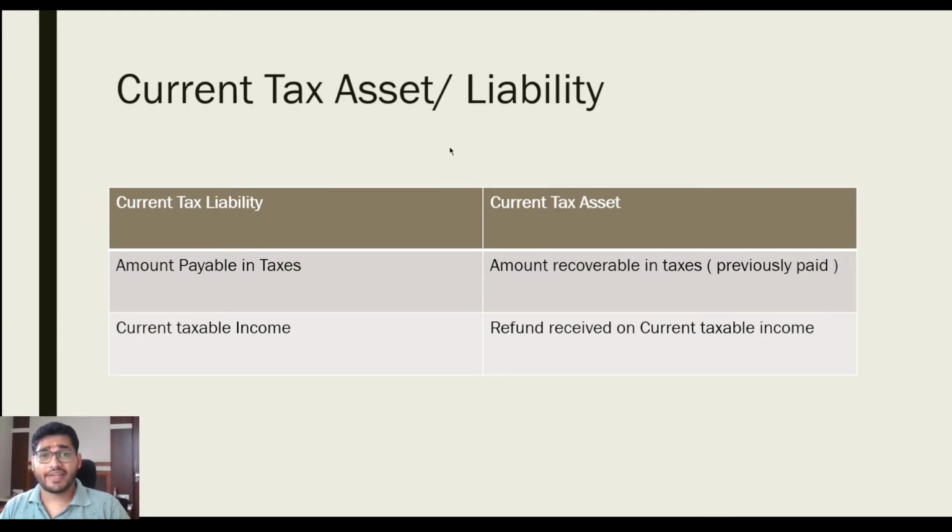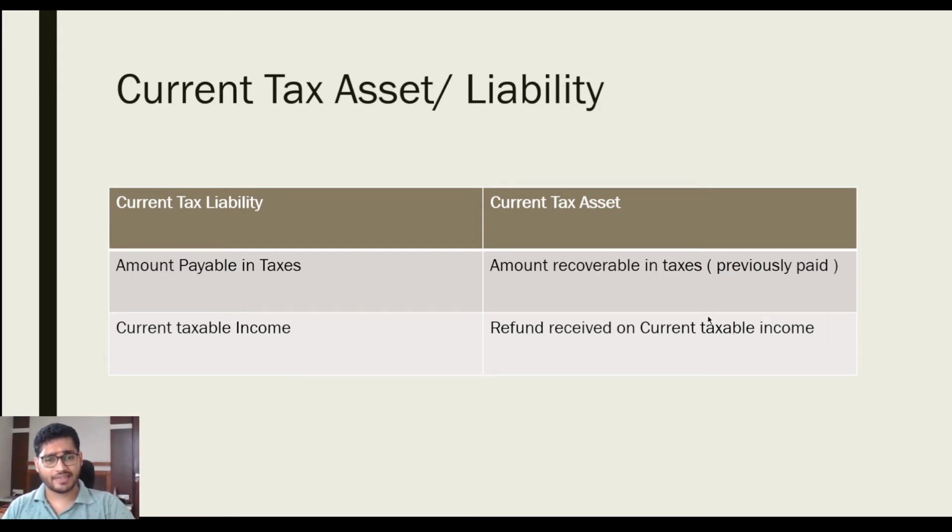The next is current tax asset and liability. Current tax asset is the amount recoverable in taxes. It is generally the advance tax we pay to the tax authorities. And the current tax liability is just the vice versa of it. It is the amount which is payable in taxes. The current tax liability also shows the current taxable income, that is, the amount which has to be paid during the current fiscal year.